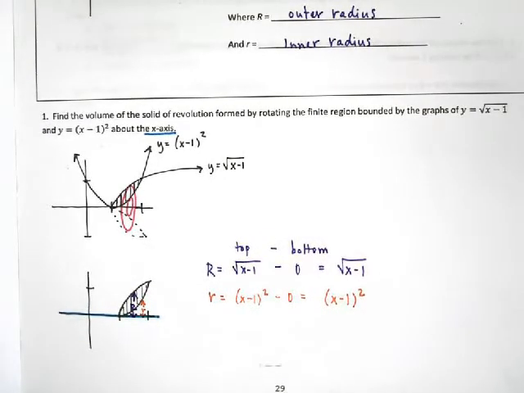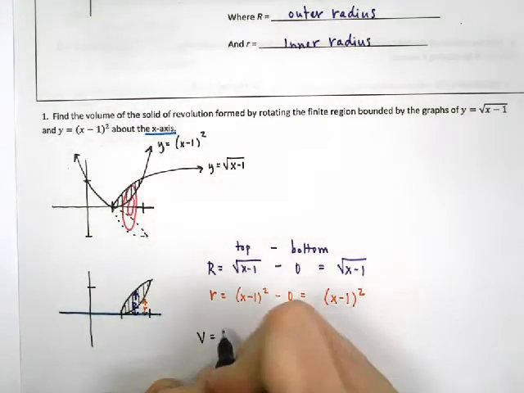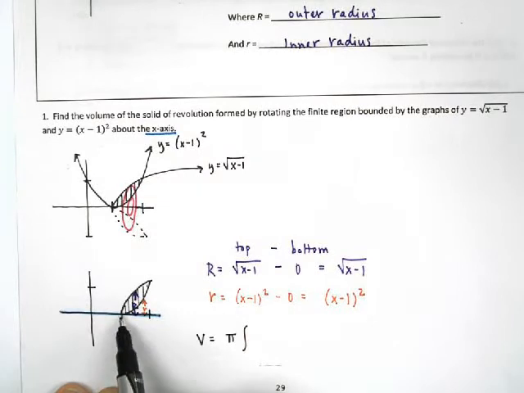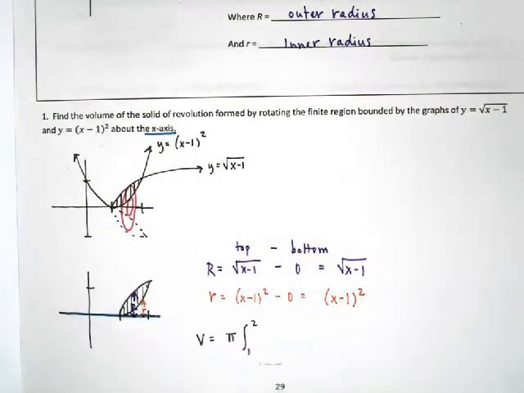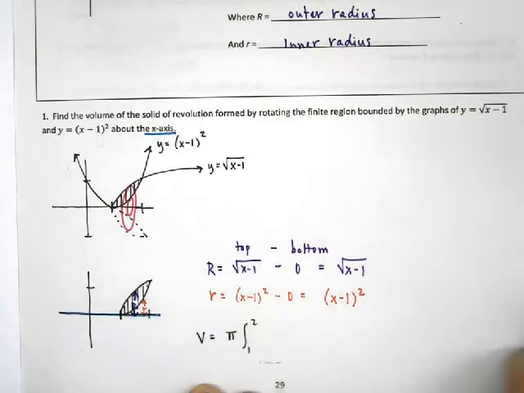So now we've really got all the pieces that we need. So we're going to integrate. Our volume now is going to be pi times the integral. Well, my limits of integration are going to be my x values. So for this problem, it's from 1 to 2. And then I'm going to do my big R squared.